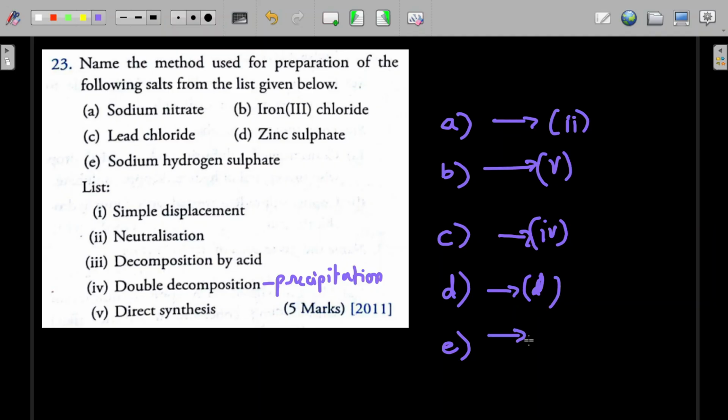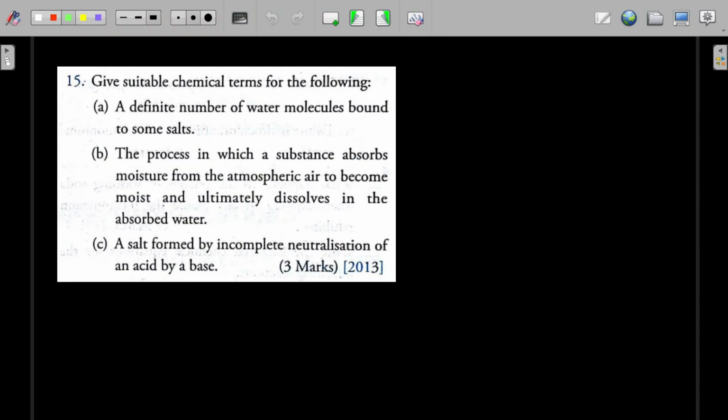And lastly, E, sodium hydrogen sulfate. Zinc sulfate is your first one, no? Simple displacement: zinc plus sulfuric acid. Okay, lastly, what is left? Decomposition by acid, third. Okay, decomposition by acid for sodium hydrogen sulfate.